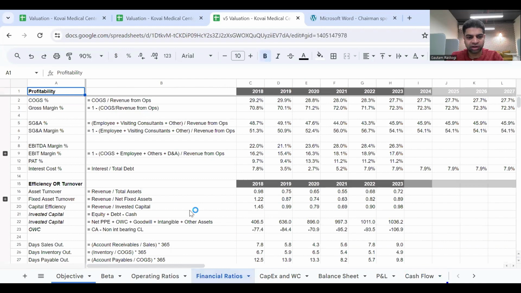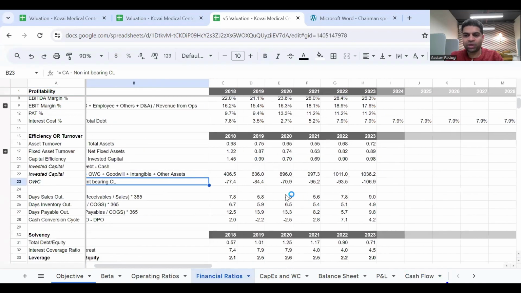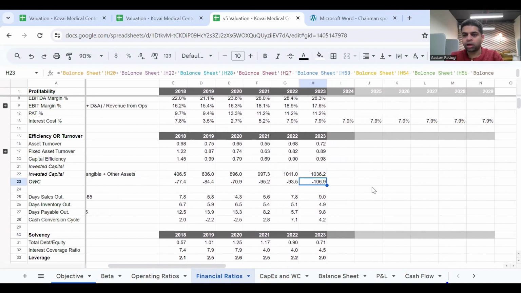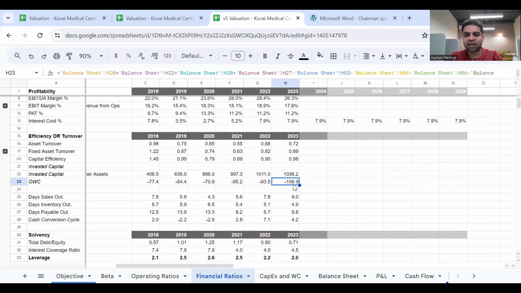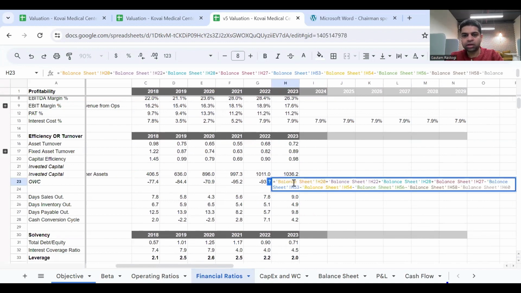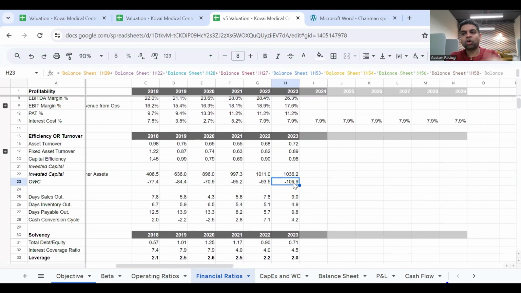In the financial ratio sheet, we had estimated the working capital in one of the previous videos, in the financial statement analysis video. So all I have to do is just drag it. This is basically current assets minus current liabilities, and doesn't have any cash. So it is non-cash working capital.